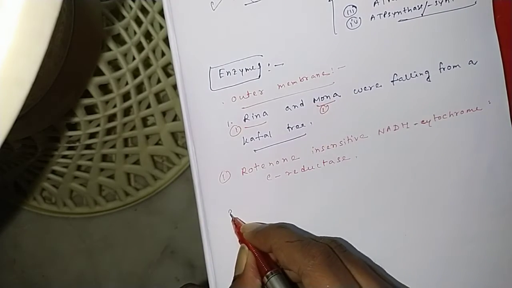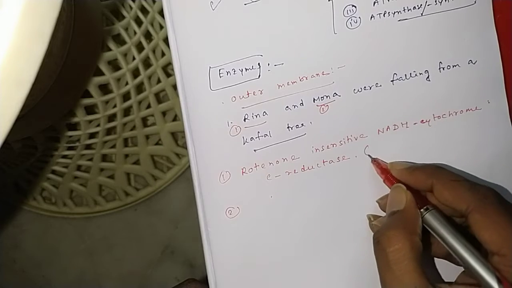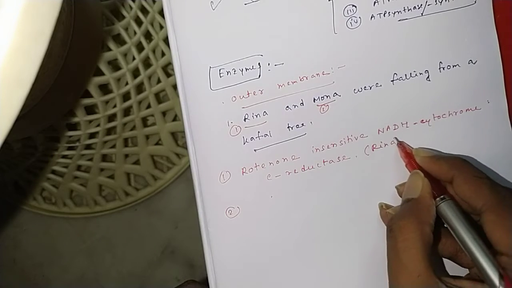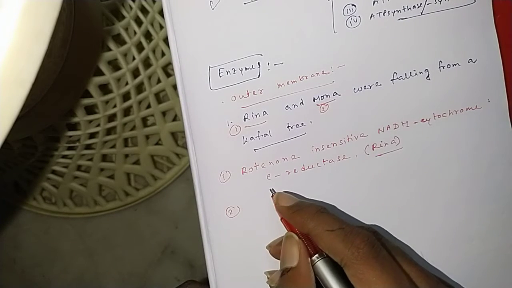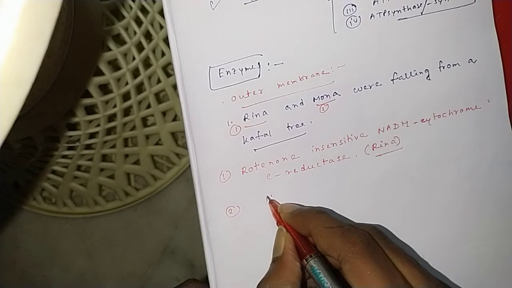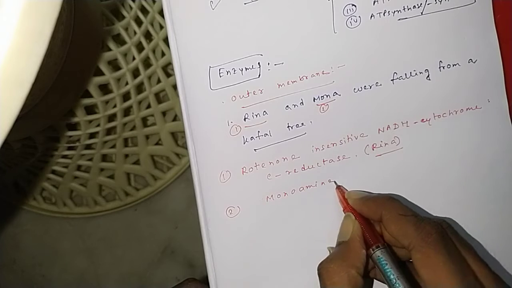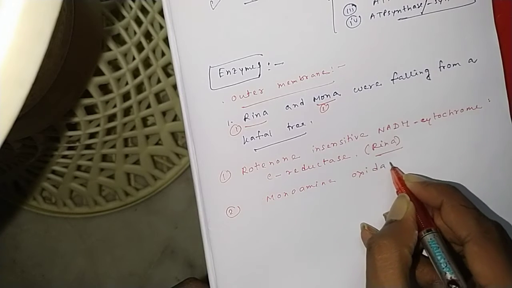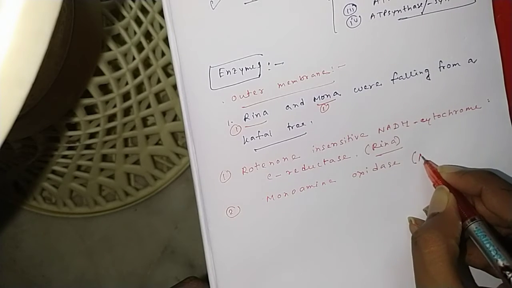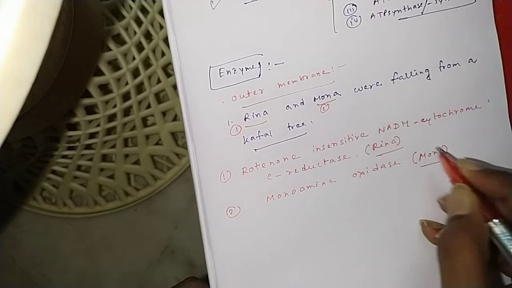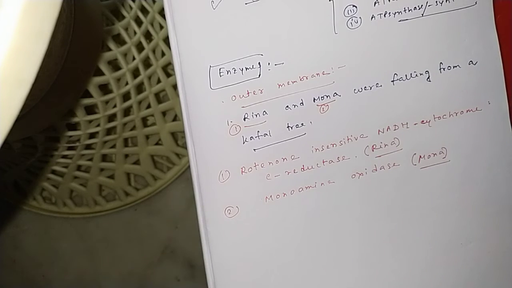Now what does this word Mona say? Mona is the second enzyme. So I'll write here Rina, and the second enzyme is Mona, that is monoamine oxidase. All these enzymes will be broken down when we will be talking about enzymes.